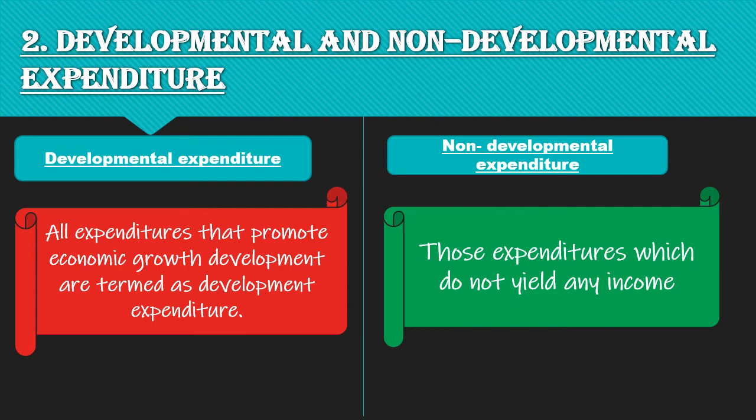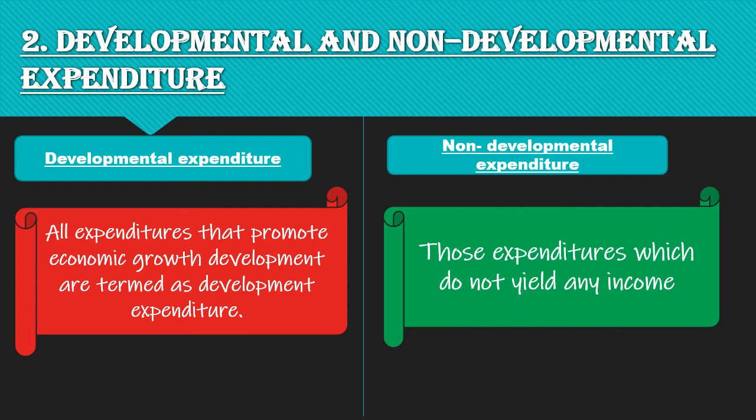I mean, the money which is given by the government to old age persons in the form of pension. They are giving the pensions for the welfare of the society, but in return, the country is not getting anything. As well as the defense also.